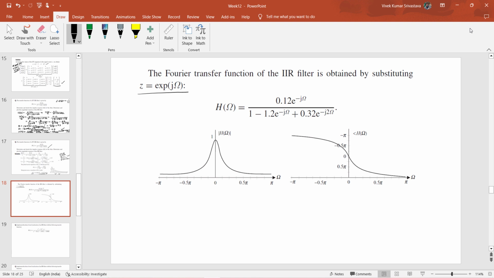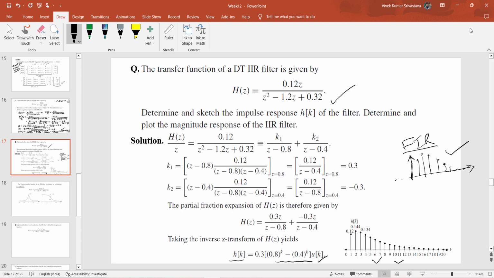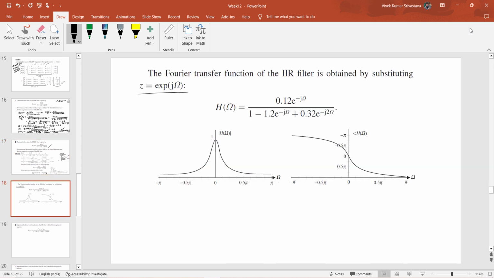Because we plot the magnitude and phase with respect to omega, that is frequency. So we plug the value of z as e raised to the power j omega in the expression of h of z. After plugging this value of z in this expression, the final expression of h of omega we will get is this one.